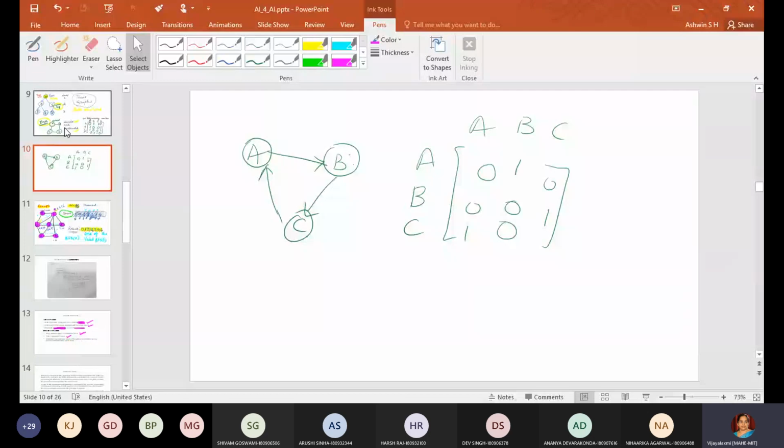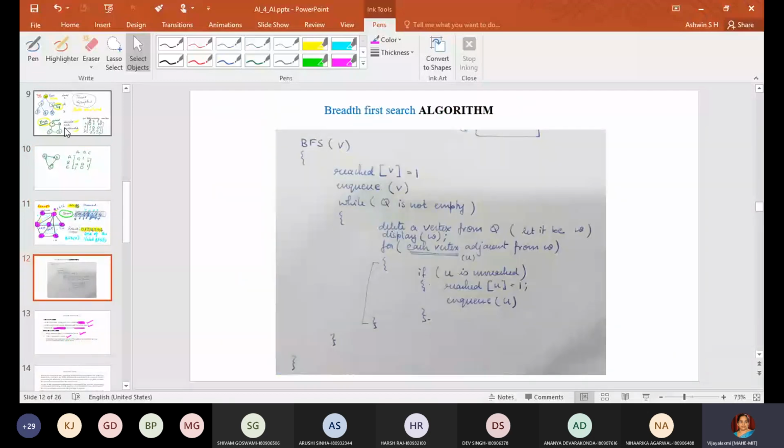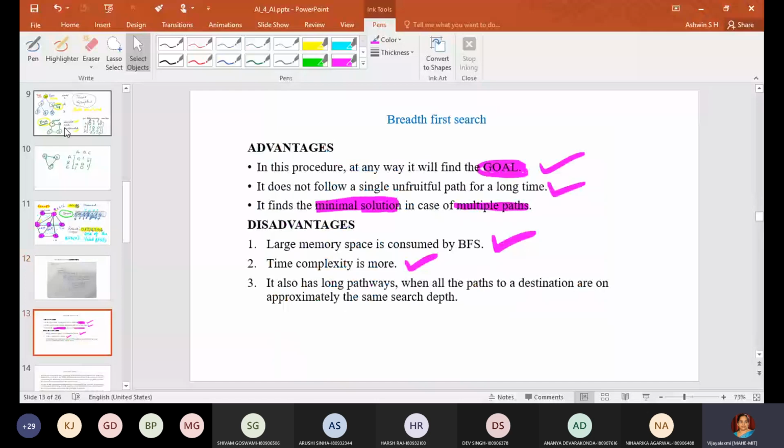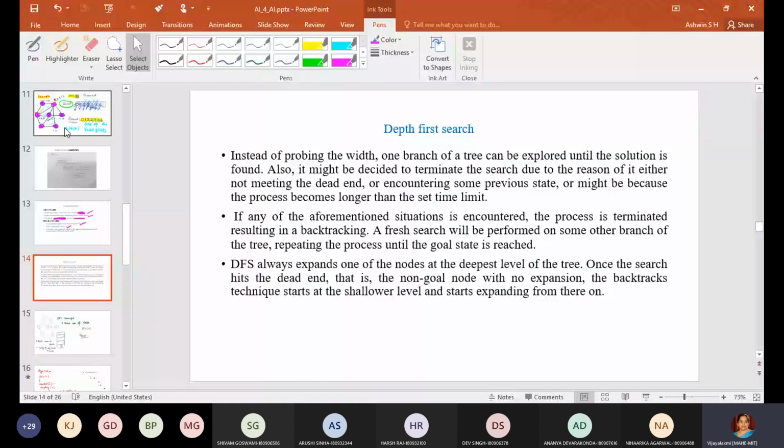This is also a slide, and it's interesting if you understand. It's very simple. I'll explain first, then I will take one example and tell you how to do depth first search. There is a slight difference between breadth first search and depth first search.